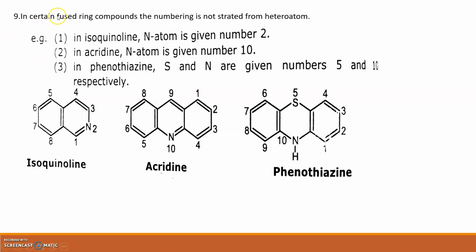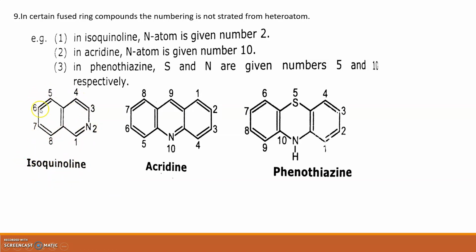Next, in certain fused compounds the numbering does not start from the heteroatom. In the previous slide, we saw the heteroatom must bear number 1, whether it is oxygen, sulfur, or nitrogen. But here, this rule is changed. Here is isoquinoline. What happened in isoquinoline?